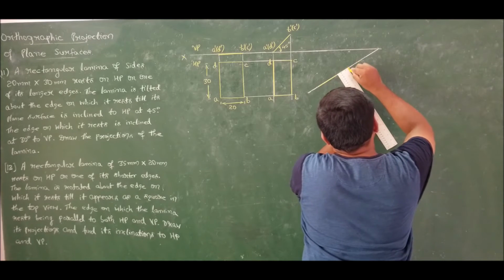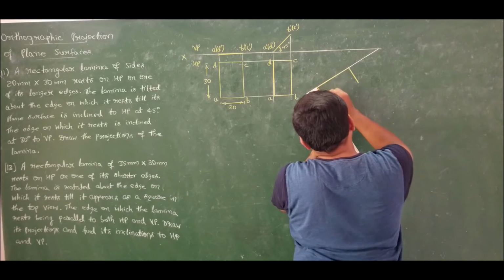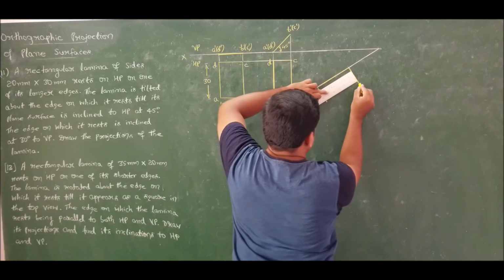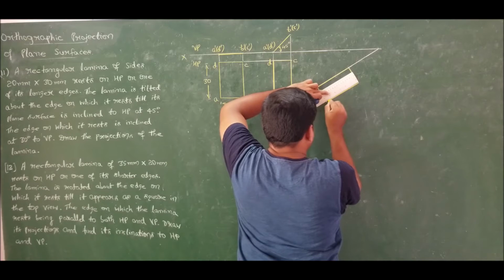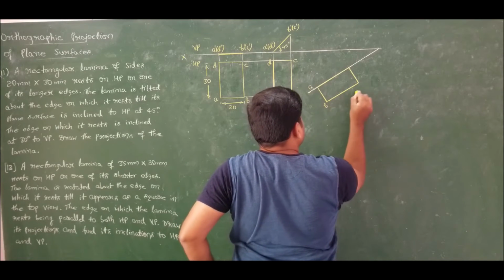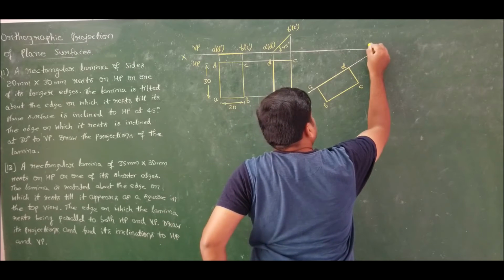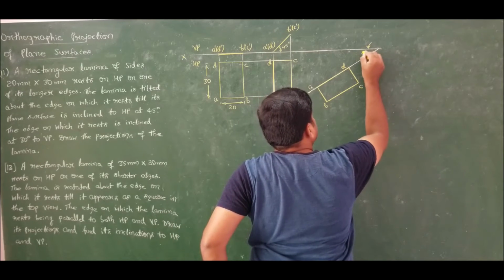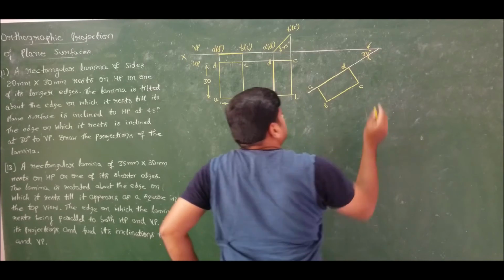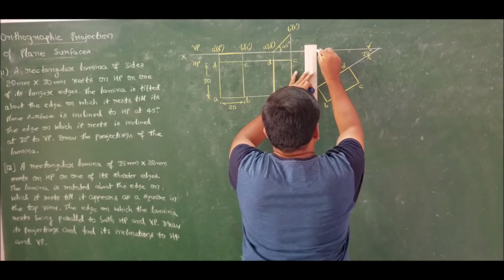So transfer it. This is A, B, C and D. So this angle is given, which is 30 degrees. Now take the projection and complete the drawing.